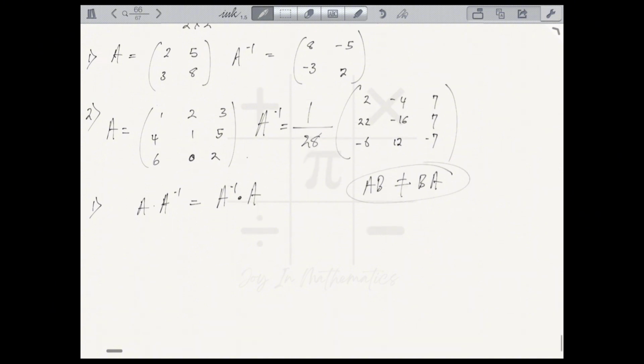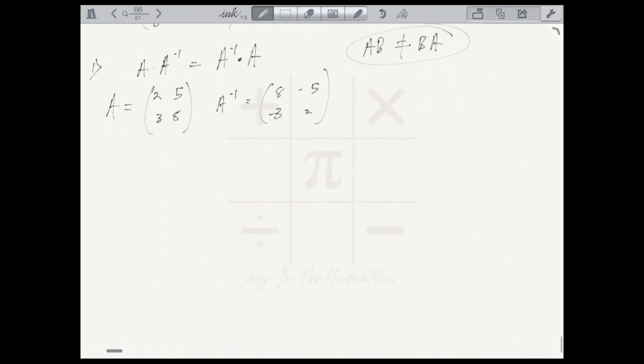Now, let's rewrite that. A is equal to 2, 5, 3, 8, and A inverse is equal to 8, minus 5, minus 3, 2. Now let us evaluate this. Let's begin with A multiplied by A inverse. So it is 2, 5, 3, 8 multiplied by 8, minus 5, minus 3, 2.